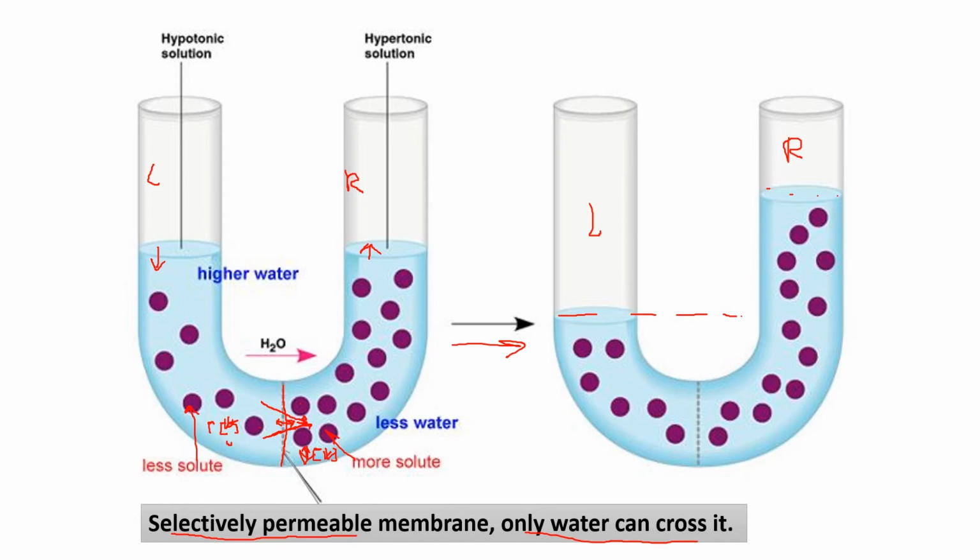But the concentration, or osmolarity, of the solution on the left and right will be the same. The concentration of these solutes will be the same, and it means the osmolarity of the solution on the right and left will be the same.